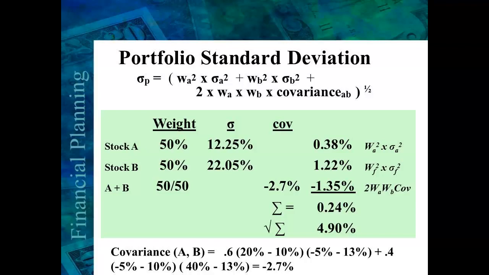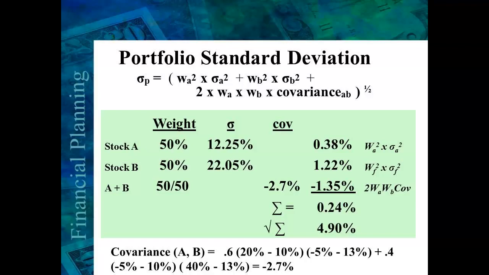Calculating the first term, the weighted variance of risky asset A, is rather straightforward. 0.5 squared times 0.1225 squared equals 0.0038, or 0.38%. The same process is used to calculate the second term, which is the weighted variance of risky asset B.